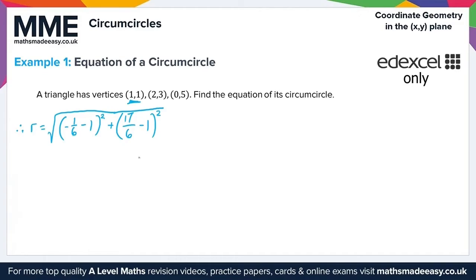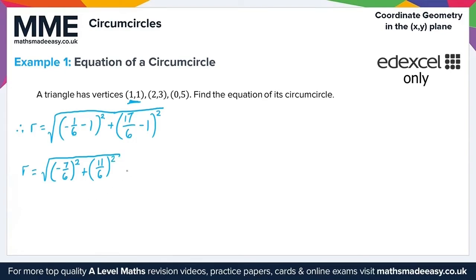Okay. So minus 1 over 6 minus 1, that would be minus 7 over 6. So if we just simplify each bracket, that's minus 7 over 6, and we square this, and then 17 over 6 minus 1, well, that would just simply give us 11 over 6. So plus 11 over 6 all squared.